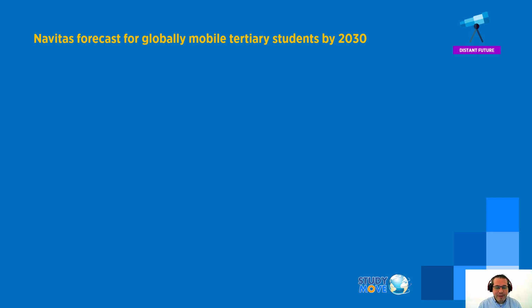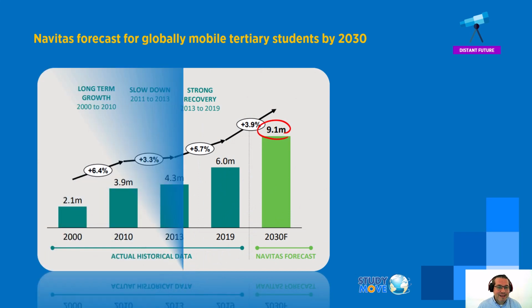The big highlight and result provided by this analysis from Navitas is that it's expected that in the next 10 years, the demand for international education will continue. Not at the growth that we have seen in the past, but it will continue. And by 2030, we'll have 9.1 million students looking for international education experiences, which is significant.